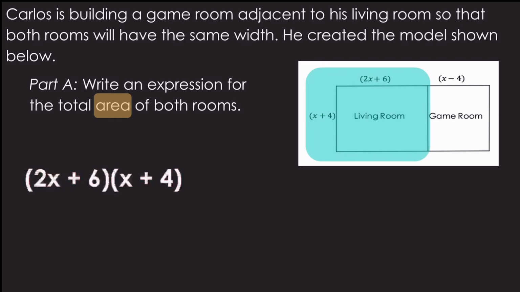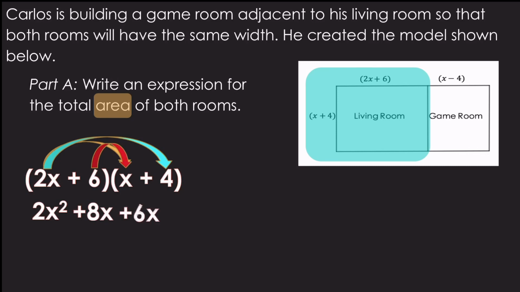Here's why it's FOIL. I first multiply the first ones. So 2x times x, 2x squared. I multiply the outer ones. 2x plus times 4 is 8x. Then I multiply my inner ones to get 6x, and then I multiply the last ones to get 24.